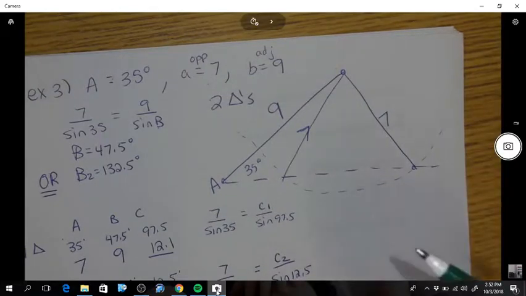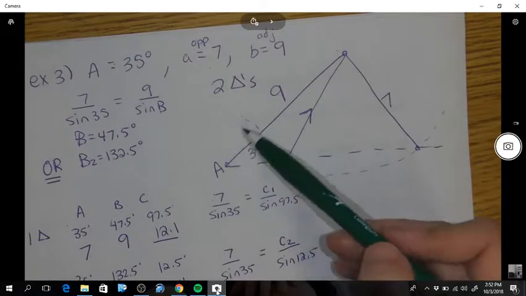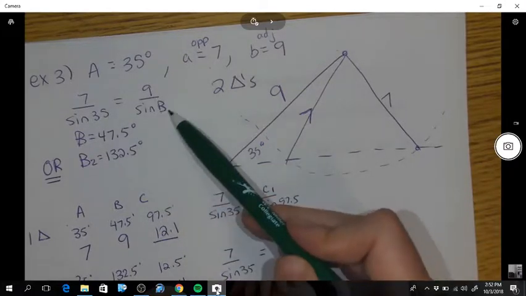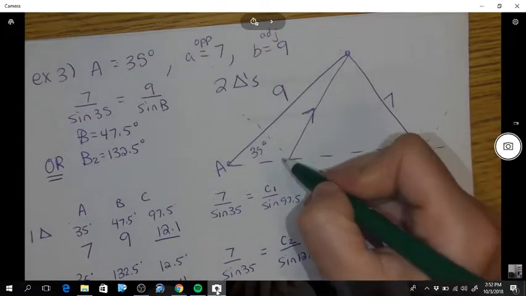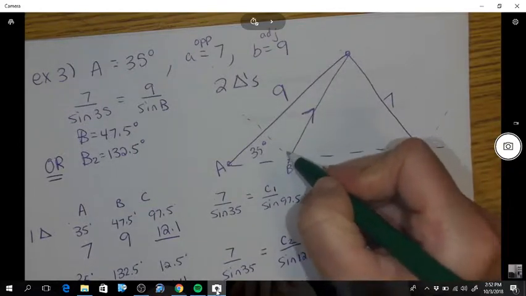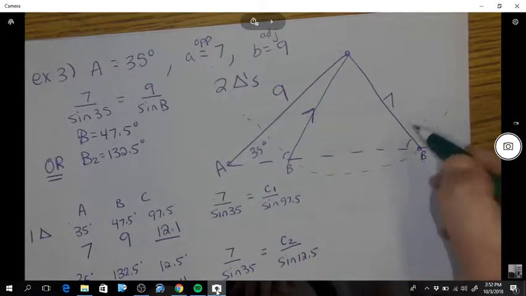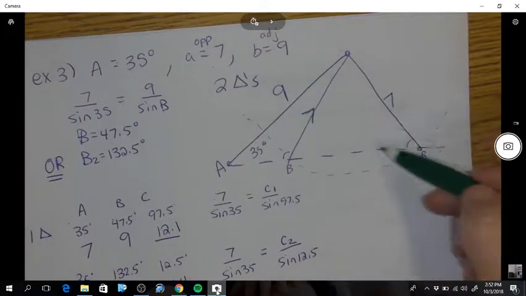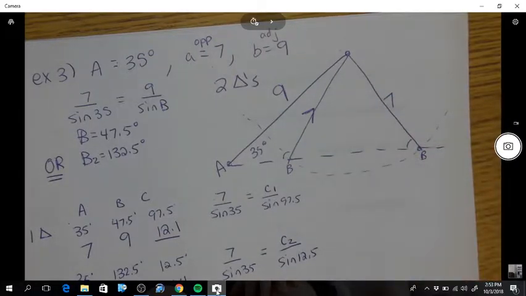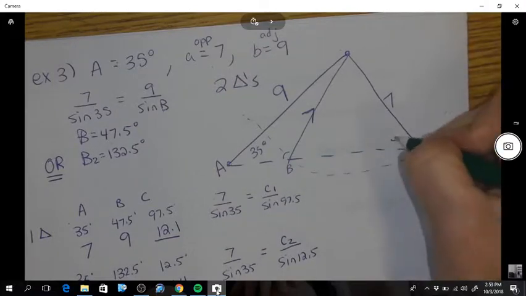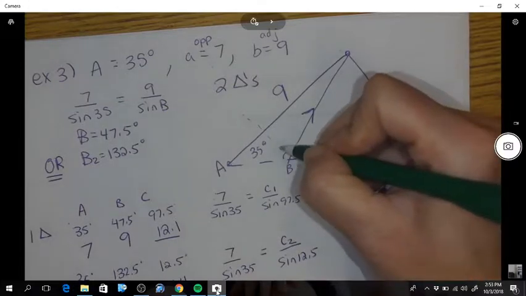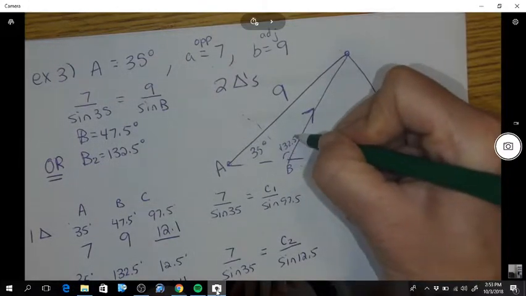Then when we found out that there's an angle across from B, there's two options. So look at my diagram. Here's angle B, or here's angle B, across from 9. Can you see that one is always going to be acute and one is going to be obtuse? So this is 47.5, this is 132.5.